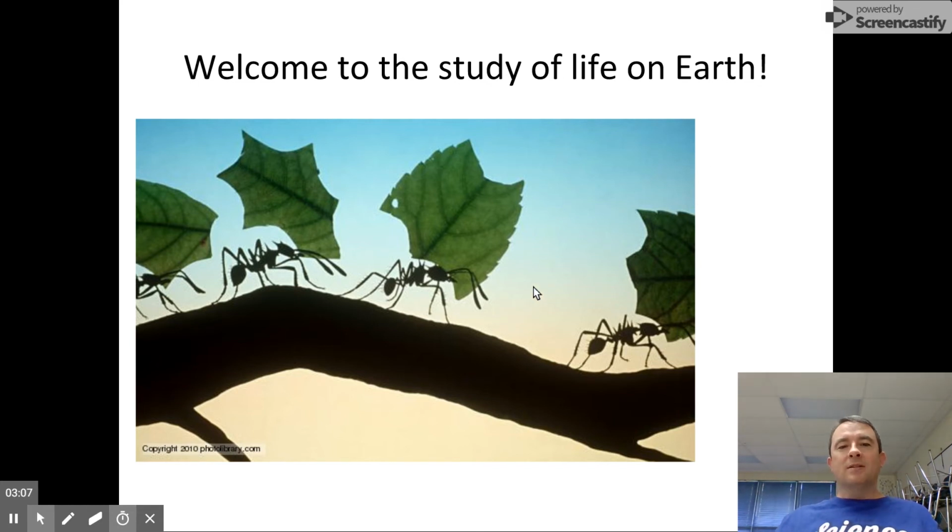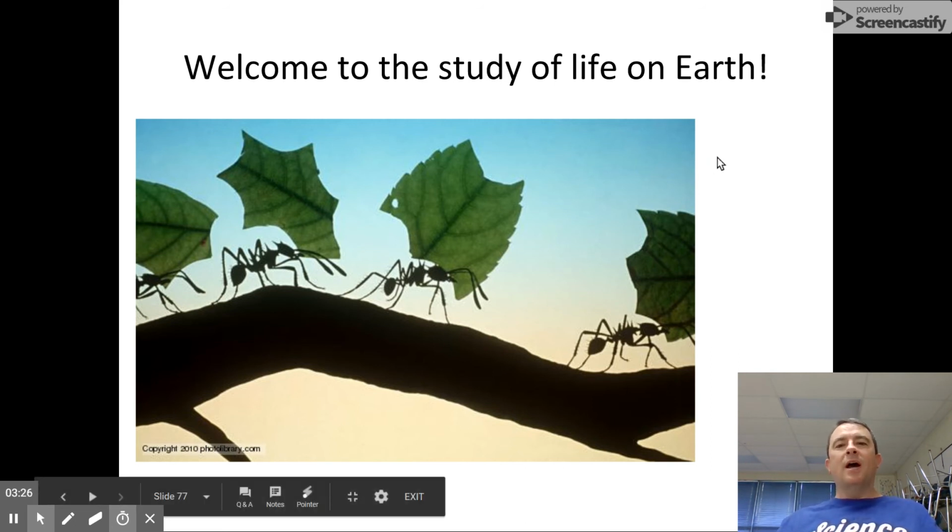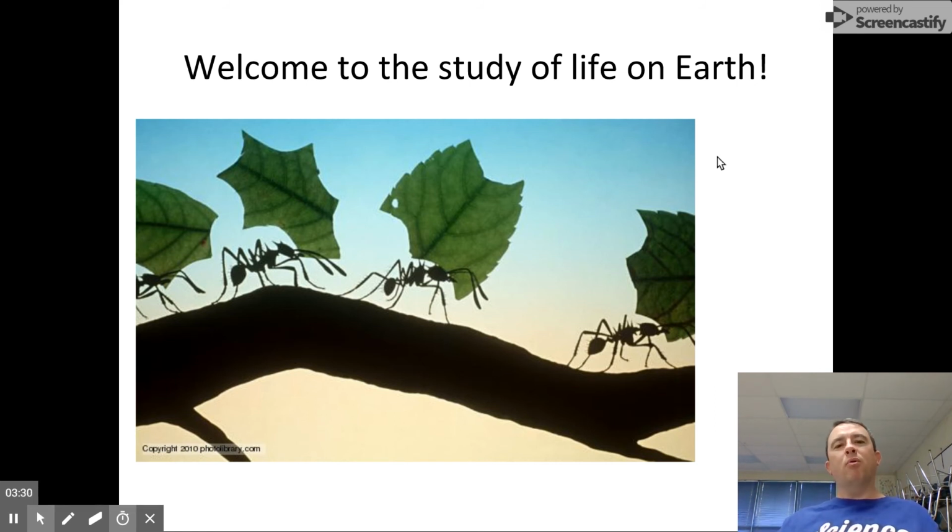And leafcutter ants spend most of their waking hours doing exactly what you see in this picture. That is, using their mandibles, their little mouth parts, to cut out pieces of leaf, carry those leaves back down underground to their colonies. And the question that I will leave you with is, what do you suppose is the primary food that leafcutter ants eat?